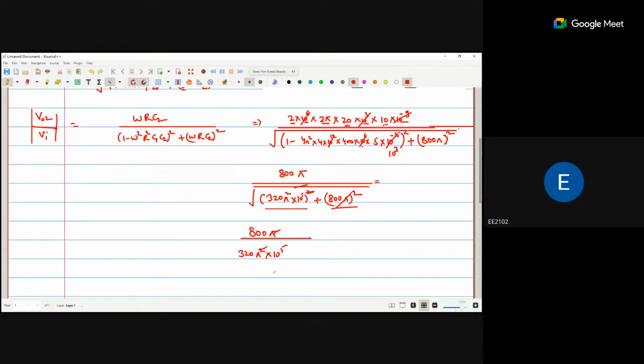So pi and pi cancel out. So 100 divided by 40 pi into 10 raised to power 5. That is 1 divided by 40 pi into 10 raised to power 3.